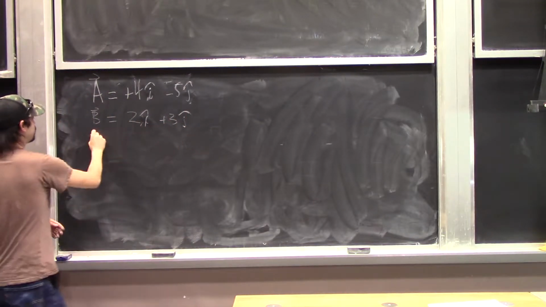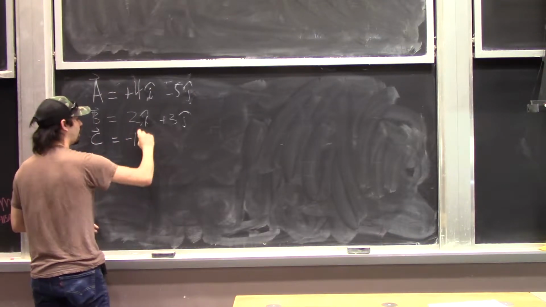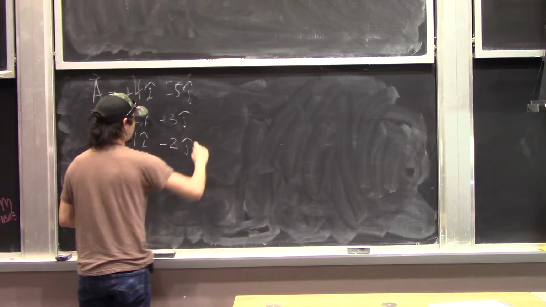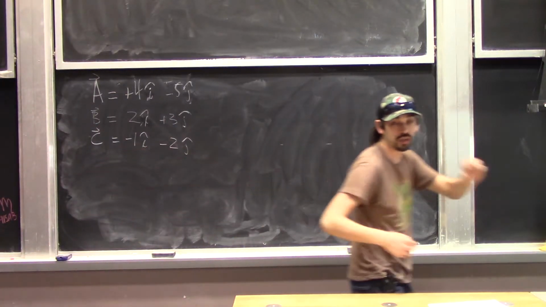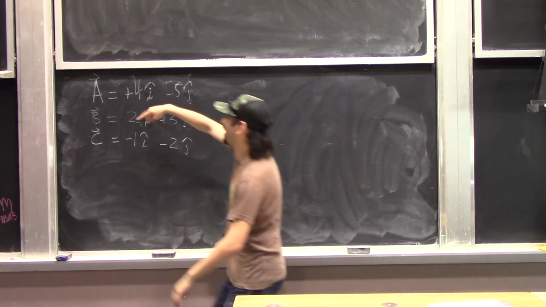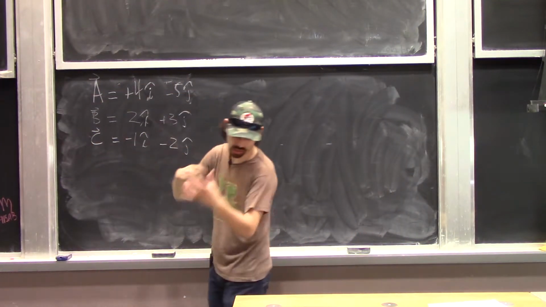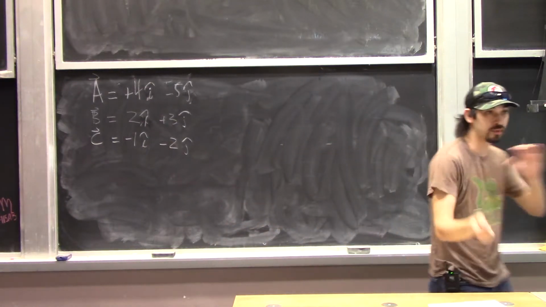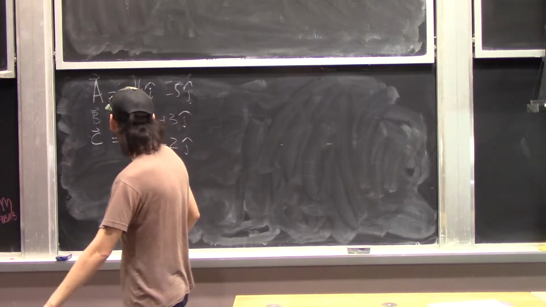C is equal to -1 i hat minus 2 j hat. If we want to add these together algebraically, it doesn't matter if I start with A and then add B to it and then add C to it, because addition's commutative, right? 2 plus 4 is equal to 4 plus 2. So that's one way to look at it.